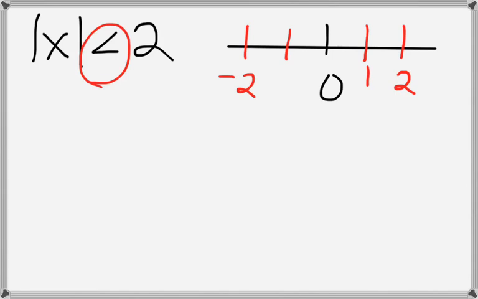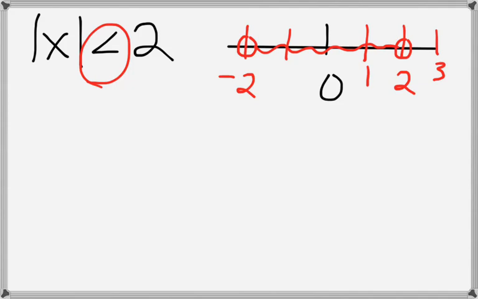In other words, it's closer to the number 0 than the number 2 is. Whereas if we looked out here at the number 3, that would not be a solution because its distance from 0 is 3, which is more than 2. So the solutions to this inequality would be the numbers that are strictly between -2 and 2.